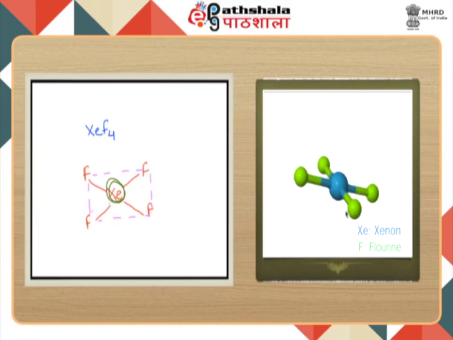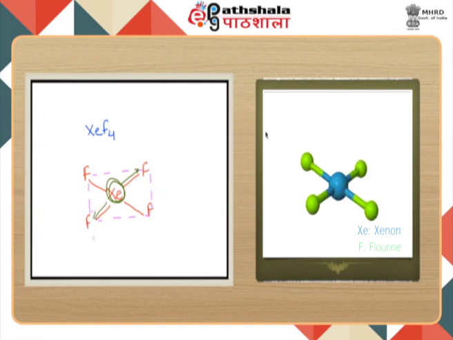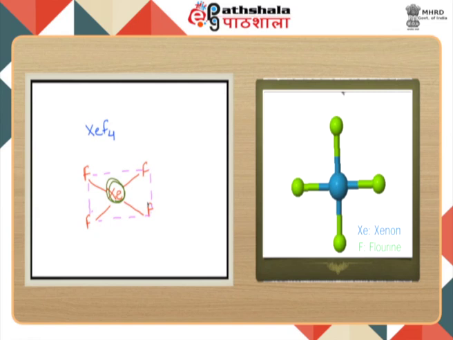Now again you can see that through this center of symmetry, if you move this side, you have a fluorine atom. If you move this side, you again have a fluorine atom. Similarly, these two fluorine atoms, that is this one and this one, are also symmetrically placed. So you can clearly see in this particular case, the xenon is the center of symmetry.